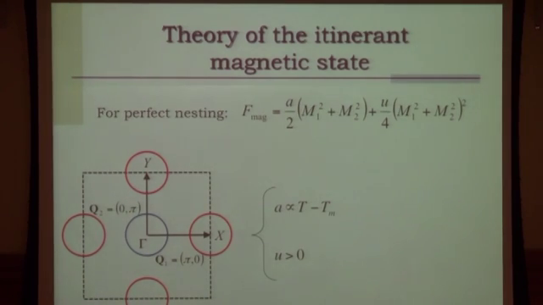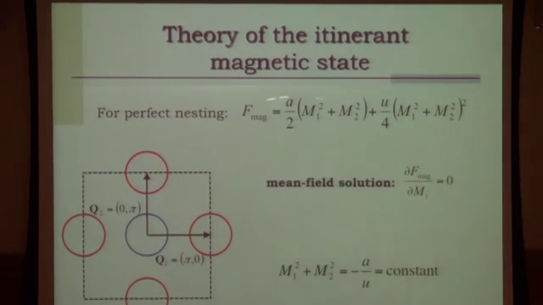And actually, that's what you get, because if you do just a mean field solution, meaning that you minimize this free energy with respect to M1 and M2, you find that the minimum is when M1 squared plus M2 squared is minus A over U. Now this has to be positive to have a solution. It means that A has to be negative, which means that T has to be smaller than Tm. So A equals 0 is the onset of long-range magnetic order.